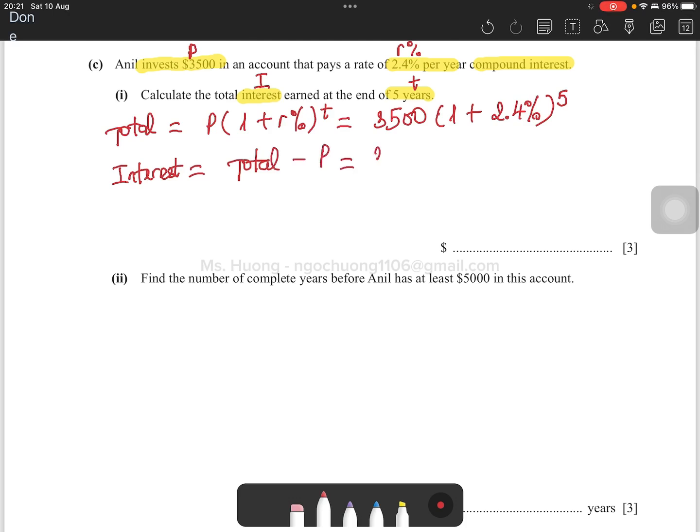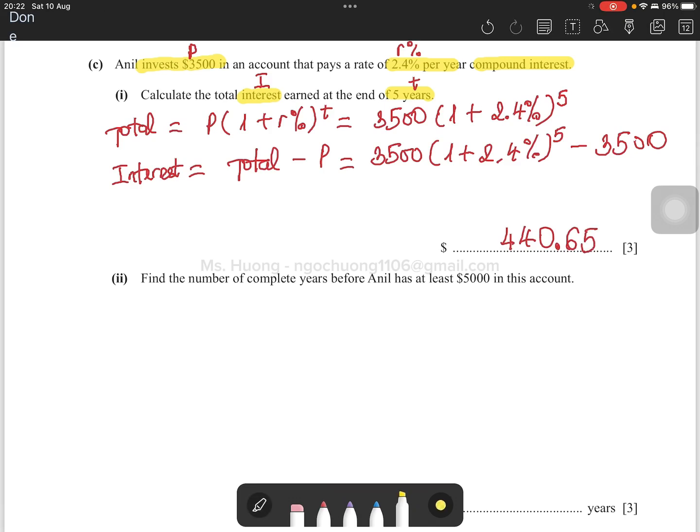In this case, the total is 3,500 multiplied by 1 plus 2.4% to the power of 5, subtract the principal $3,500, and the answer is $440.65.